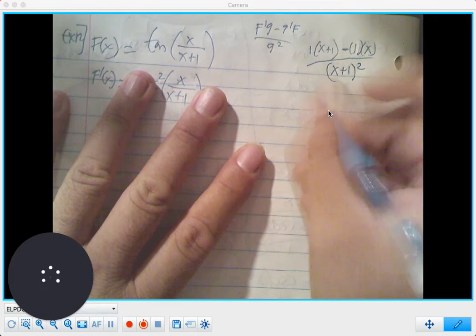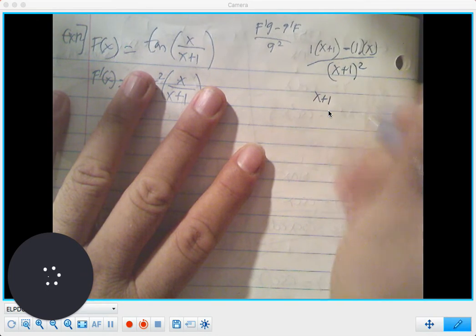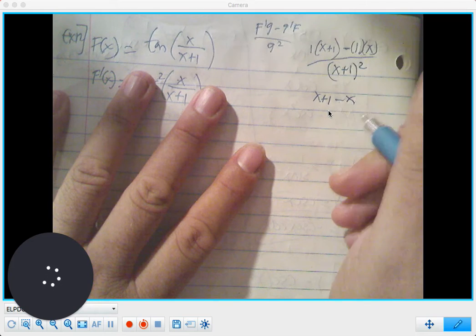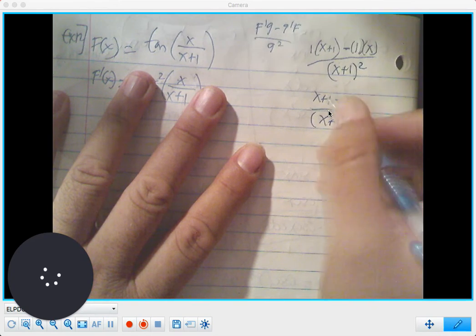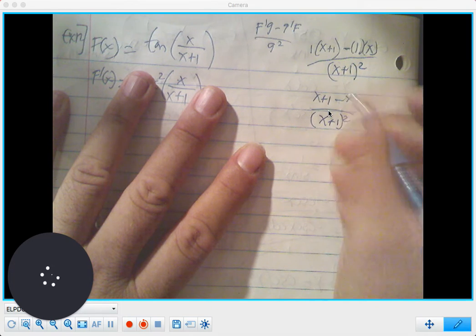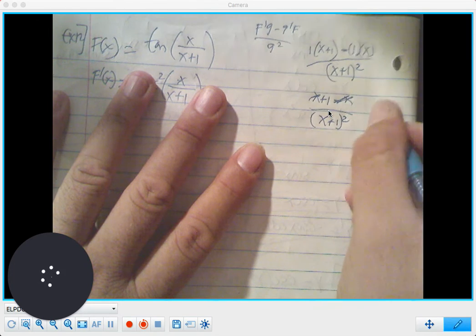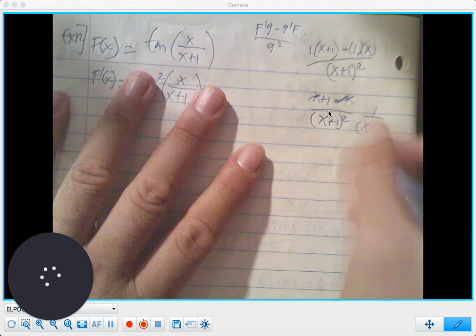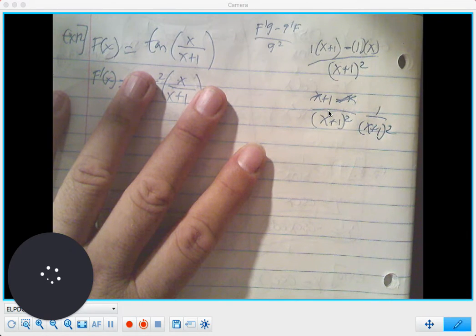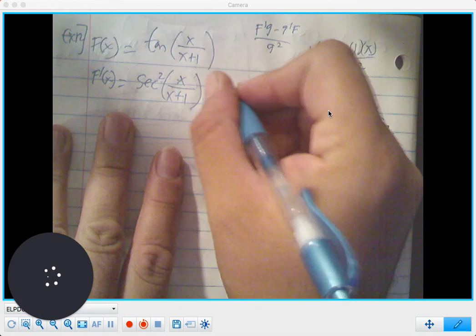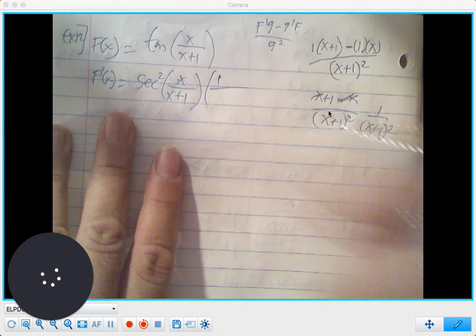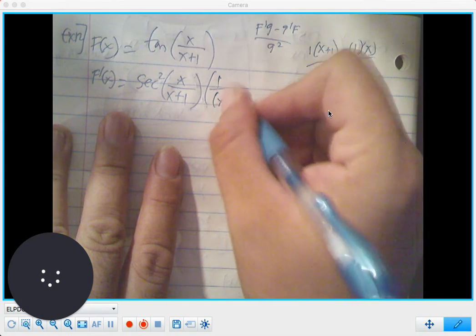This is x plus 1. This is minus x. And then you have x plus 1 quantity squared. So you see you have x and negative x, they cancel out. So you end up with 1 over x plus 1 quantity squared. Cool? Okay, so that goes here. 1 and then x plus 1 quantity squared.